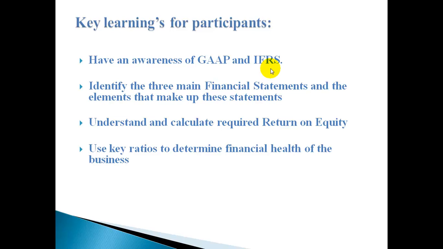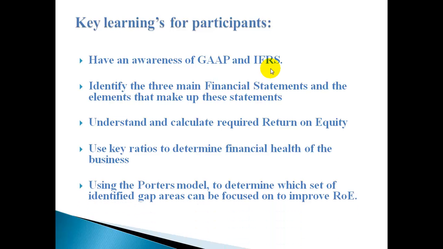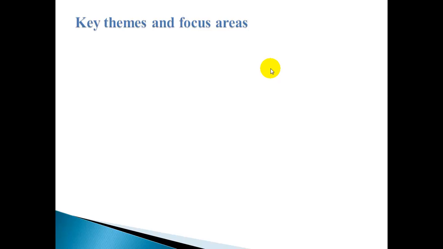Finally, as I said, we're going to look at Porter's model to determine the level of intensity within your industry and which gap areas we need to close based on the ratio analysis. So that's what you're going to learn over the next 2 parts, which is about 6 to 8 hours of online video training, all full 20 modules.